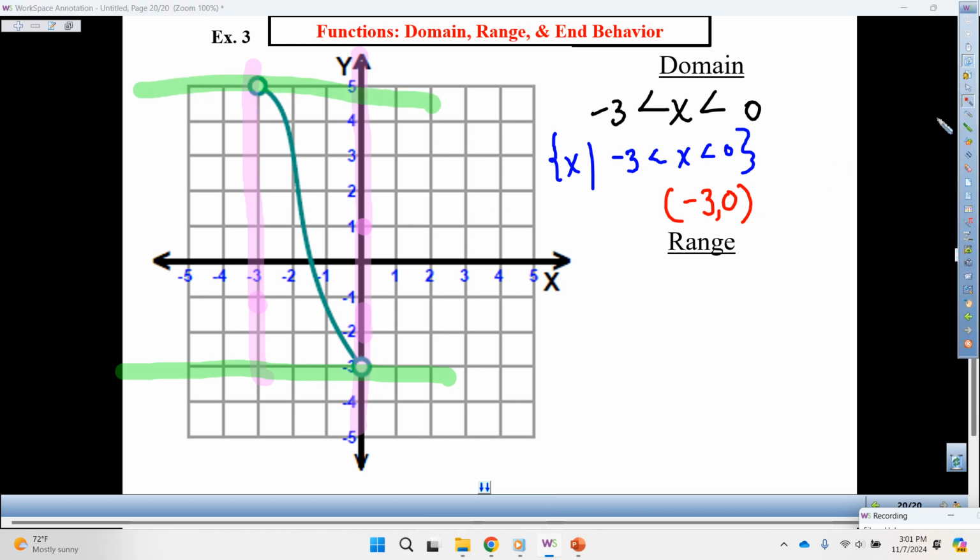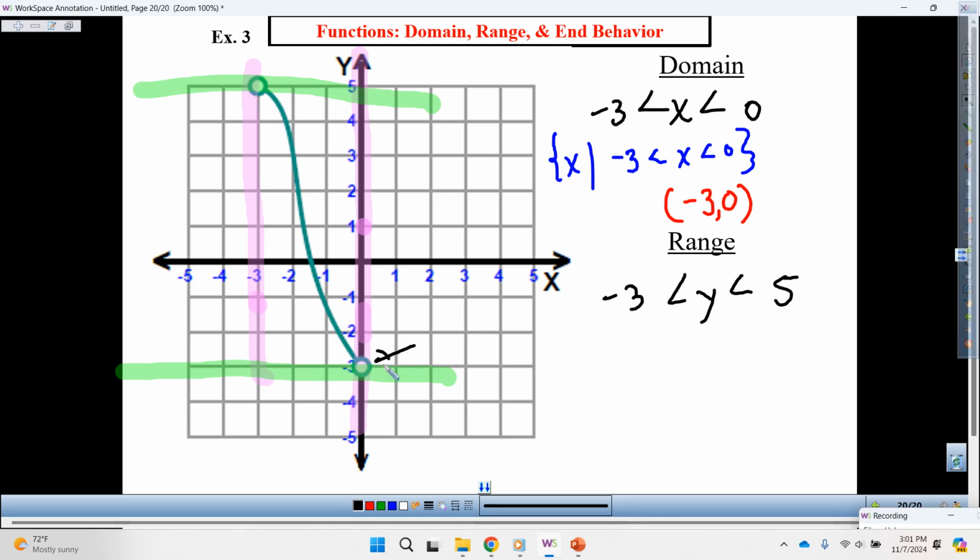That is correct. Let's go. From -3 to 5, that's our y, less than and less than. Do we have any equal signs, though, Jackson? No. Why not? Because these are open points. Open points. All right. And you know how to write your set notation and interval.